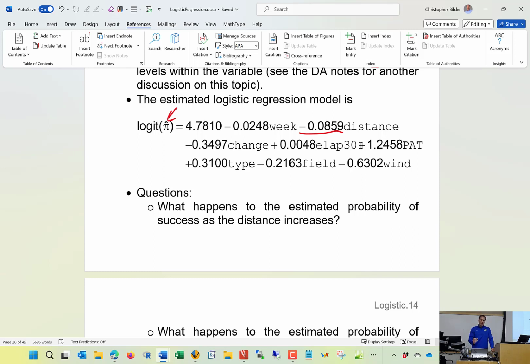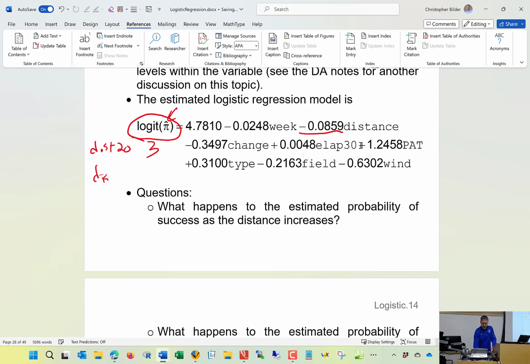If you're not comfortable with making that judgment based upon that transformation that you have on the left side of the equation, all you need to do is plug in two different values of distance. Let's say a distance of 20, maybe you'll get, and I'm just making these numbers up, 3.